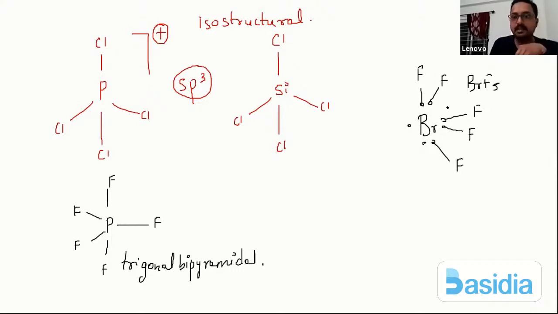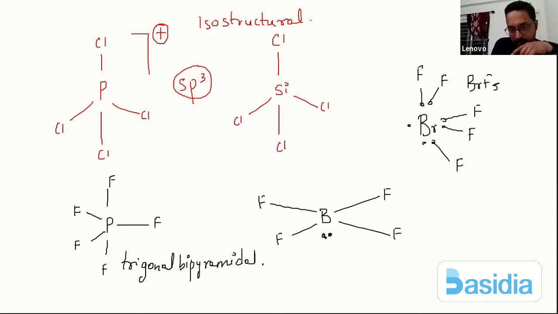So I clearly understand there are 5 fluorines attached and there is one lone pair. Let me say this is my Br. One fluorine attached here, one here, one here, another over here, and I'll keep the lone pair of electrons over here, and one fluorine is attached over here. So here I get a trigonal bipyramidal arrangement.